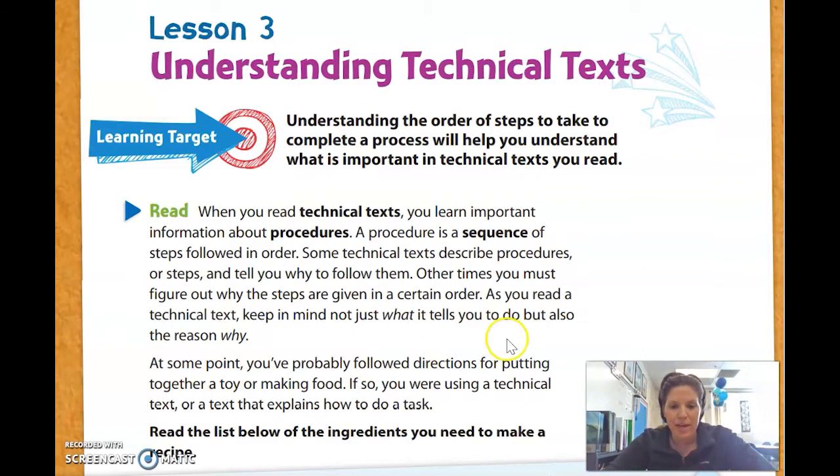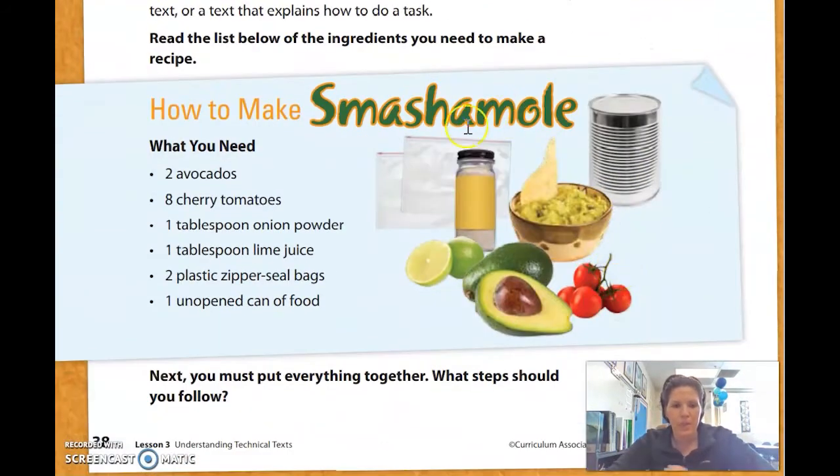Examples of technical text include, take a look, how to make a smashamole. I call it guacamole, but that's right, a recipe. So a lot of you have encountered technical text more often than you know, but today and throughout this week we're going to take a look at some technical and then some scientific text to really pay attention to what's happening in the text and why it's happening.